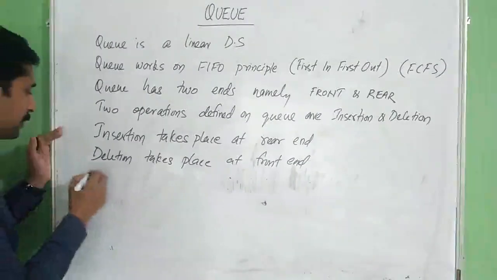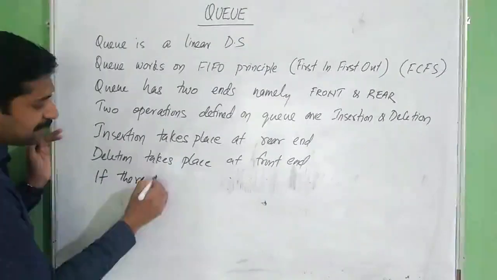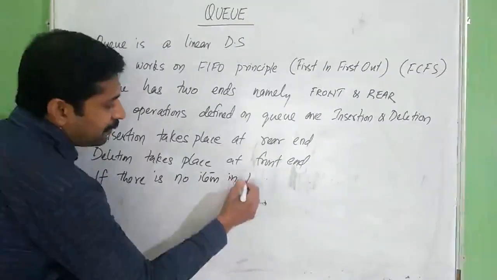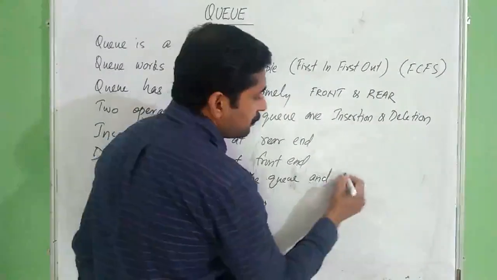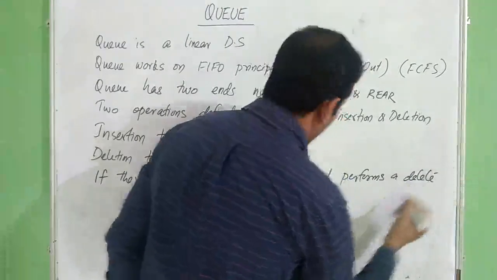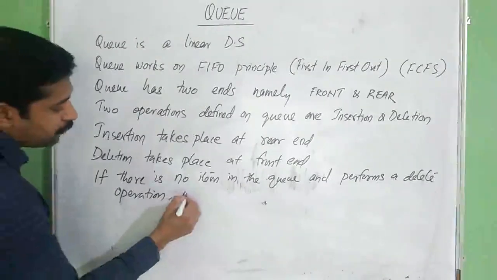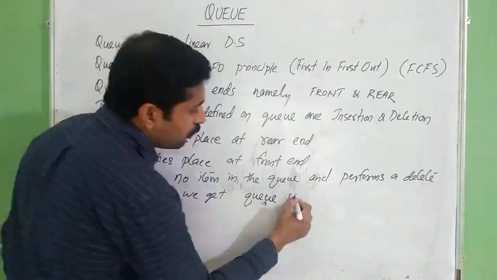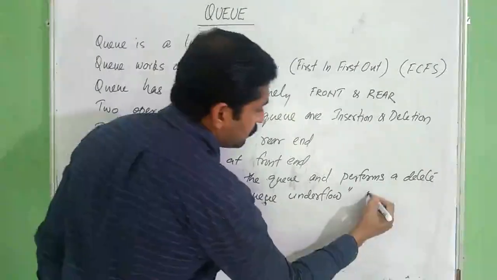Now, if there is no item in the queue and one performs a delete operation, we get a queue underflow message.